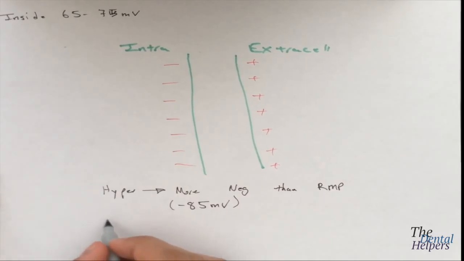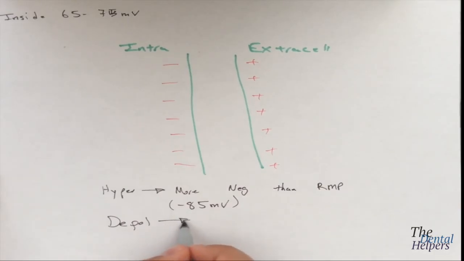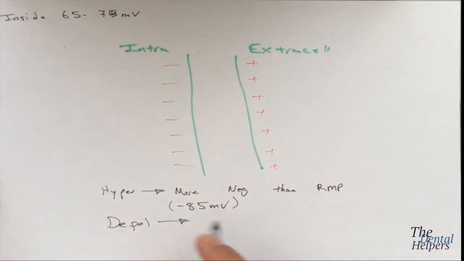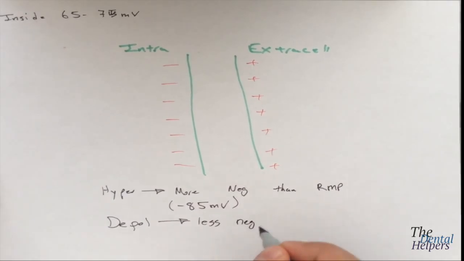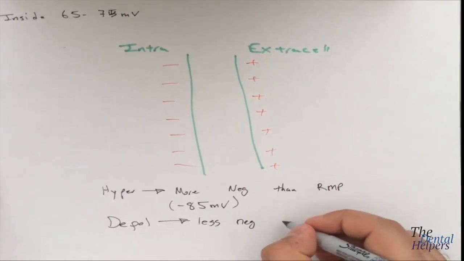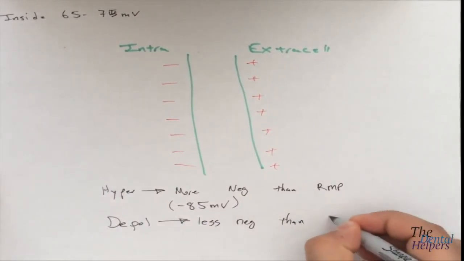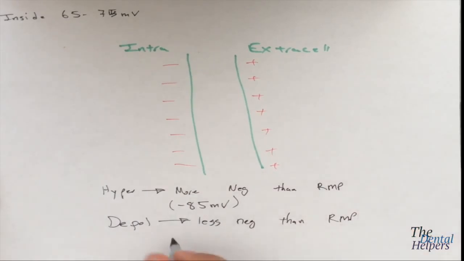Now if we're going to say depolarize, we know that the prefix de means not. So if we think about it in terms of polarized, it's going to be not as polarized. It's going to be less negative than the resting membrane potential, and in terms of charge, it's going to be closer to negative 50 millivolts.